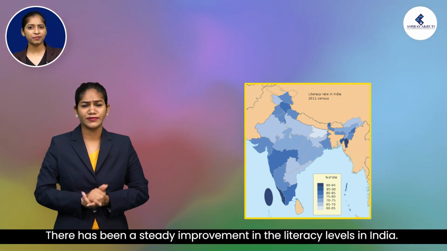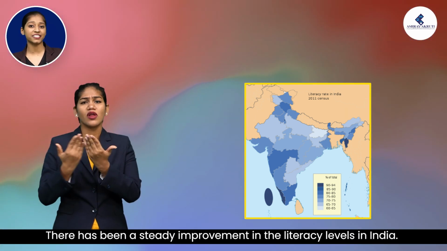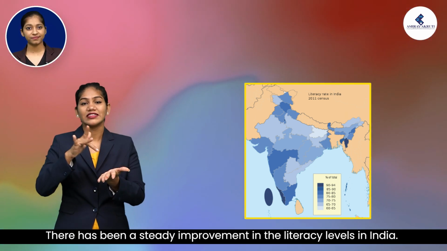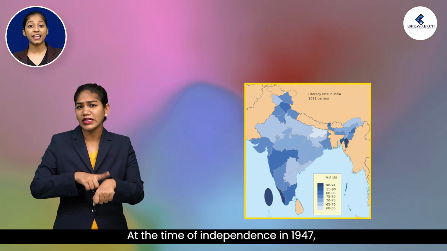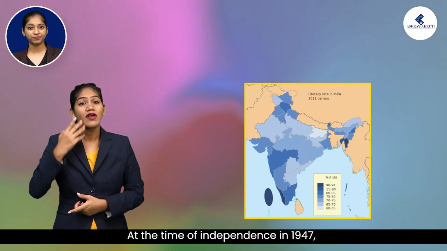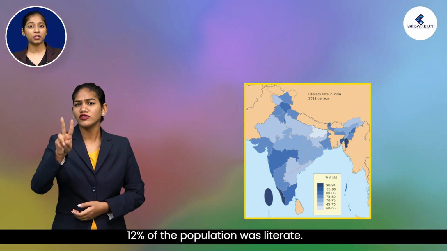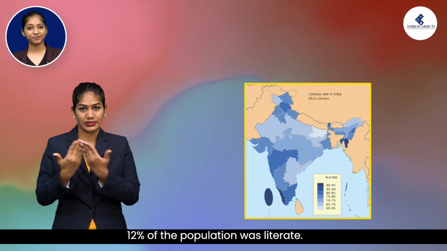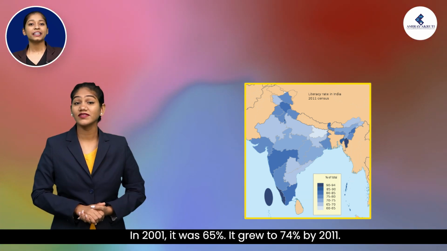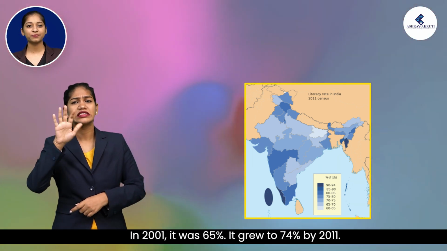There has been a steady improvement in the literacy levels in India. At the time of independence in 1947, 12% of the population was literate. In 2001, it was 65%.